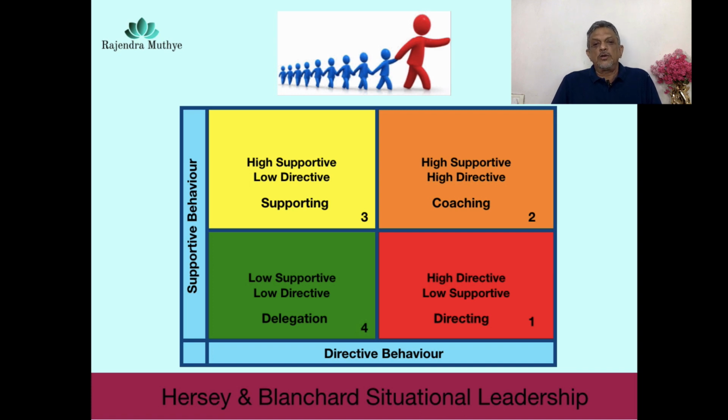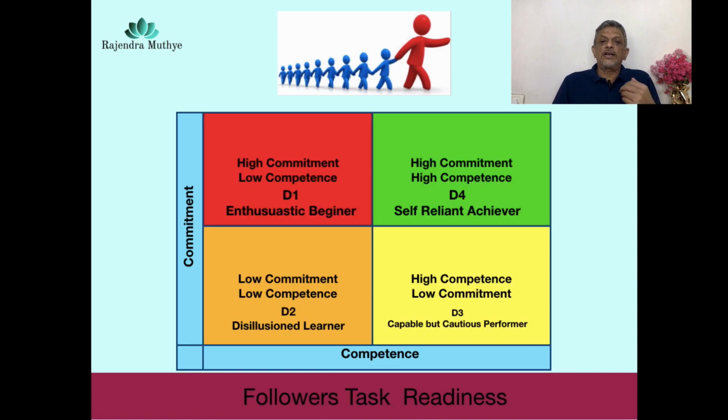Let's go to the follower's task readiness. Okay, the follower's competency against commitment was mapped. A person with high commitment and low competence becomes an enthusiastic beginner, which is the D1. Remember that when you started your work, you were definitely highly committed and your competence level was a little low.